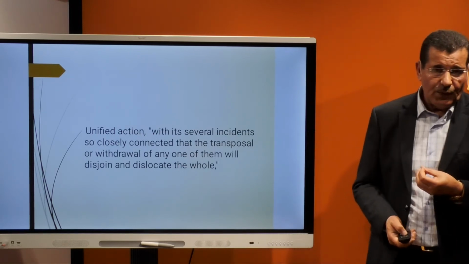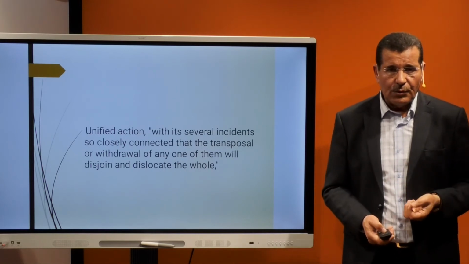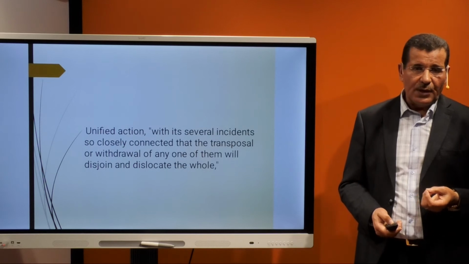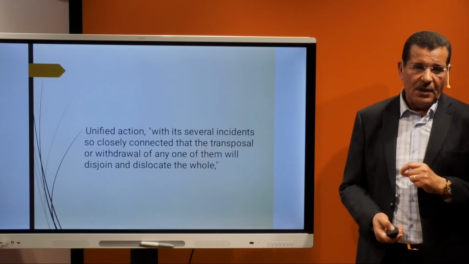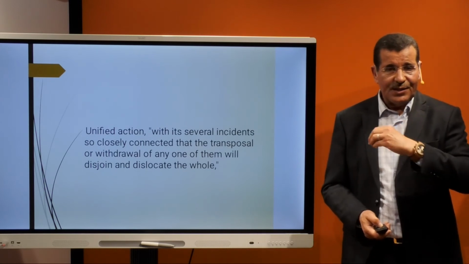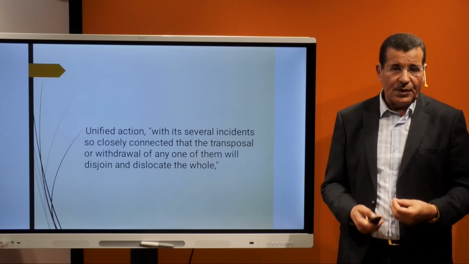Unified action also, with its several incidents so closely connected that the transposal or withdrawal of any one of them will disjoin and dislocate the whole. Organic unity. Apart from these things, Aristotle thinks that art has this unity, which gives a certain pleasure and which is a certain aim.